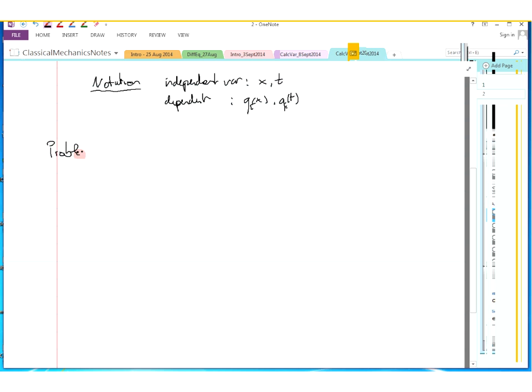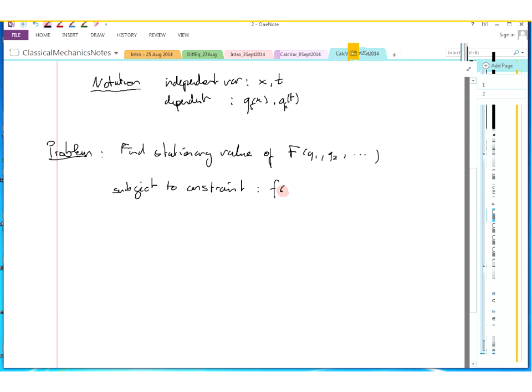Okay? So the problem we want to solve is: we want to find the stationary value of some function f of q1, q2, etc., subject to the constraint that some function little f of q1, q2 equals 0.